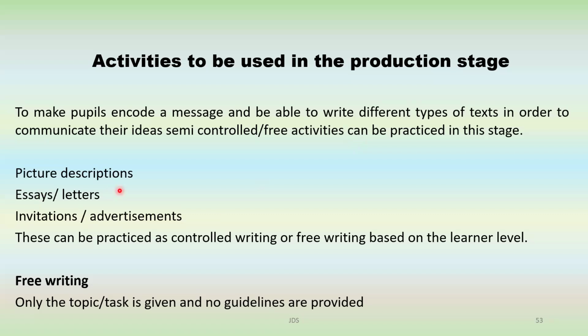Picture description. You give the picture and ask them to write 5 sentences about the picture. Essays, letters, invitation cards, advertisements, all those. But if you feel that your learners are not up to the mark, they won't be able to write on their own, then you can give one semi-controlled activity or maybe give them some kind of assistance.